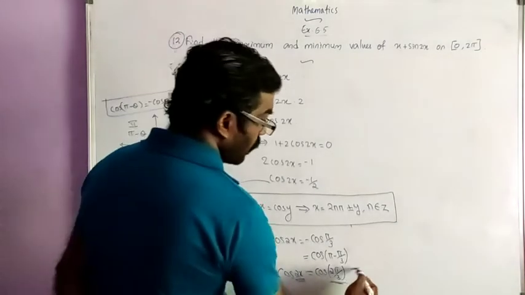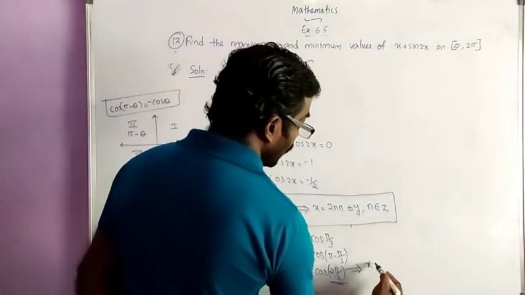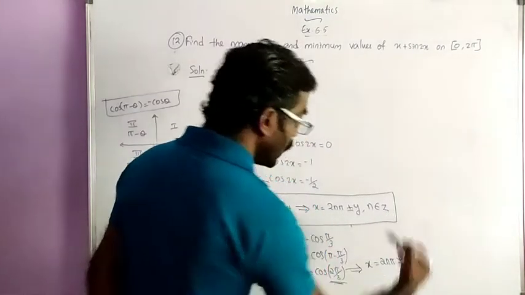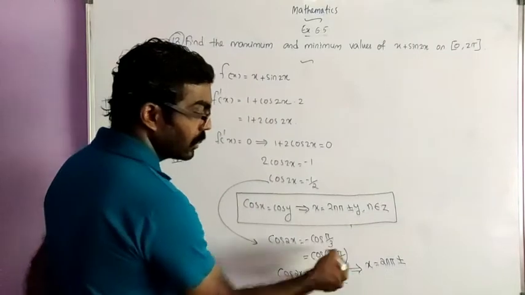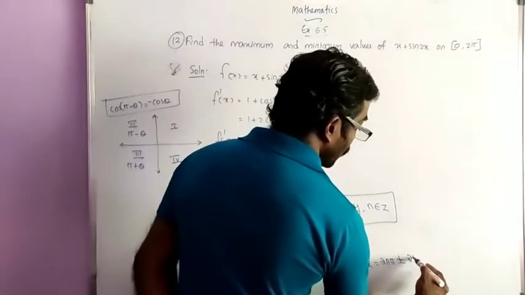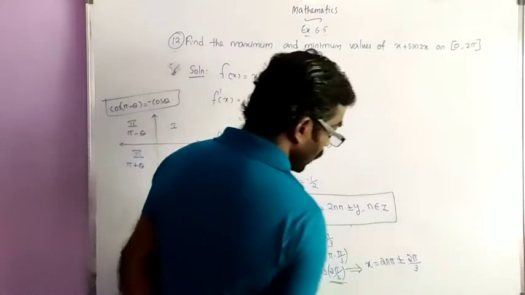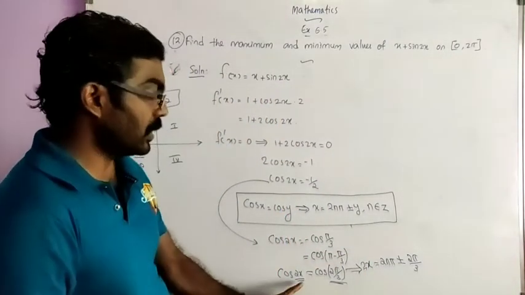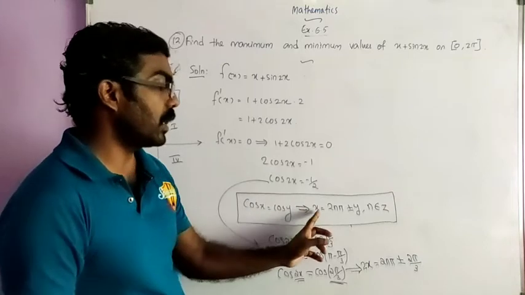So cos x equal to cos y implies x is equal to 2n pi plus or minus y. Here the y value is 2 pi by 3, and here it is not x, it is 2x. If it is x, then only we can write x.